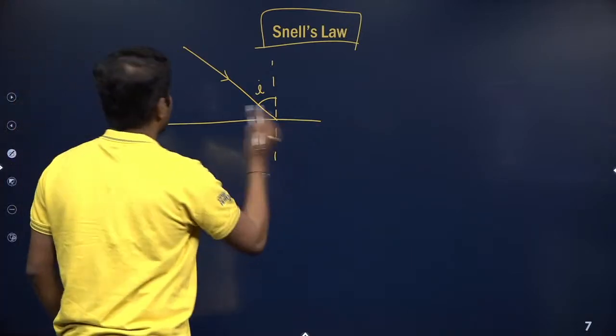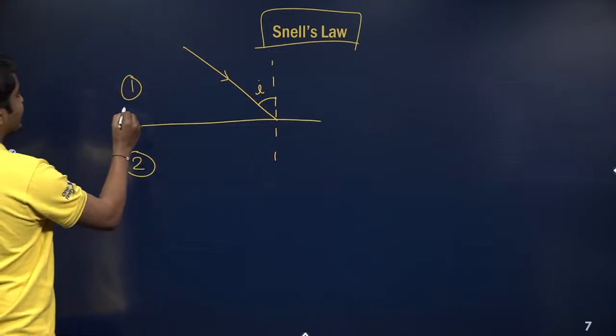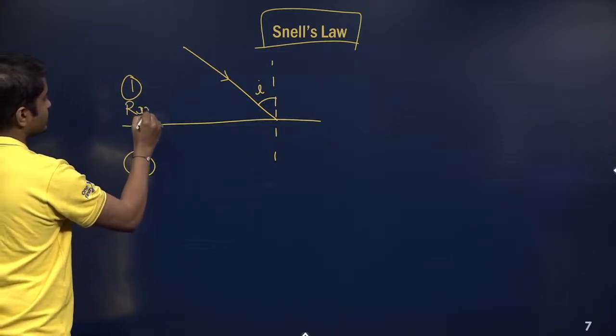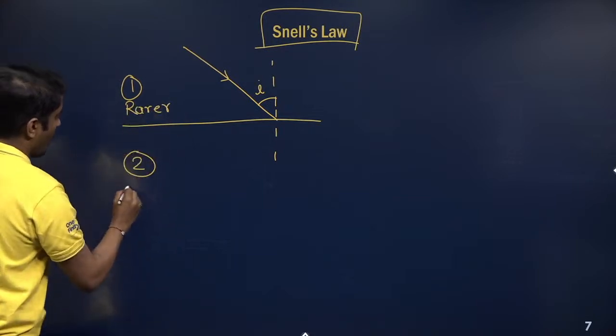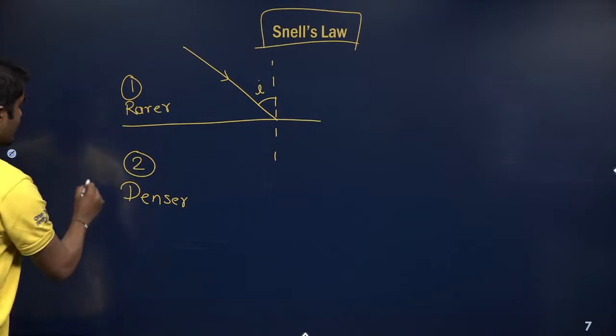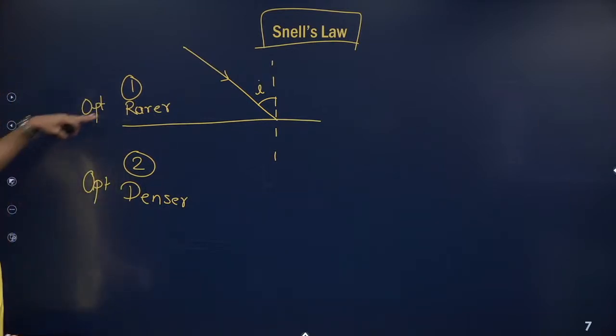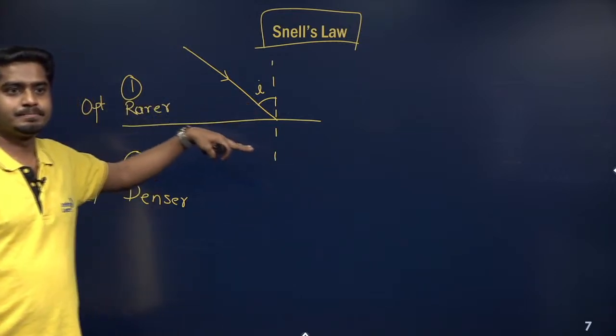Okay, now I am giving you another case. This is an optically rarer medium and this one is an optically denser medium. This is optical density, not the actual density. So what will happen here?